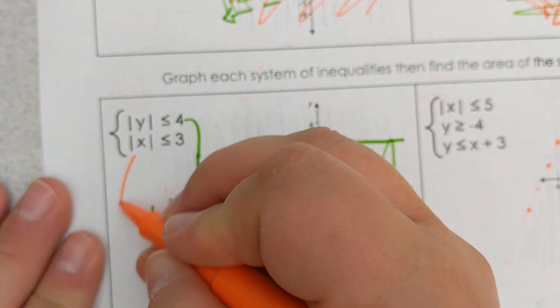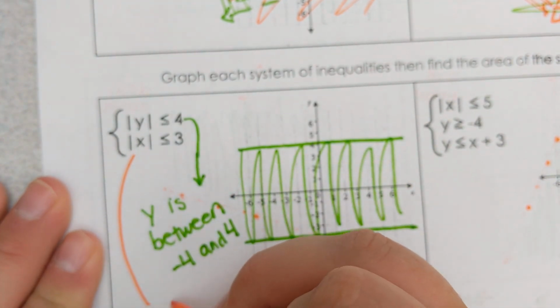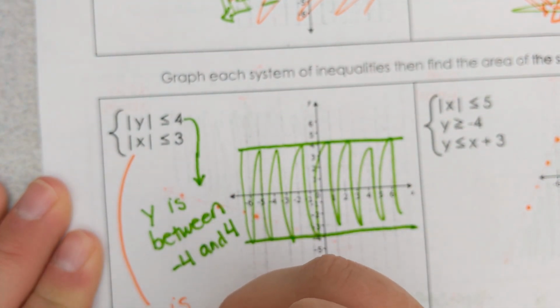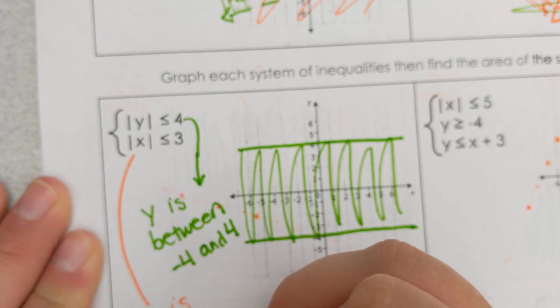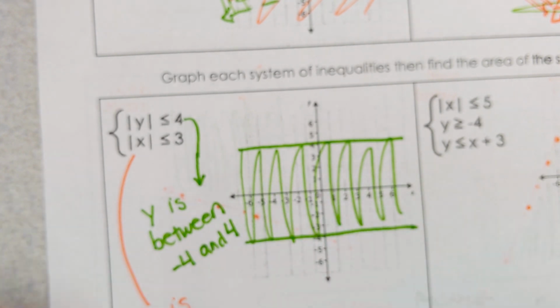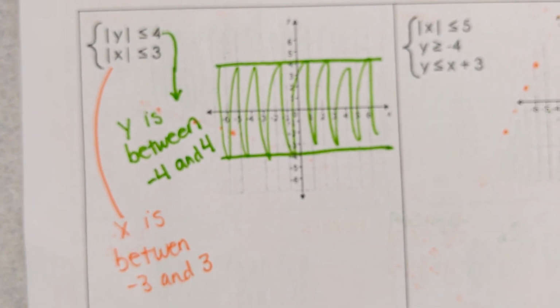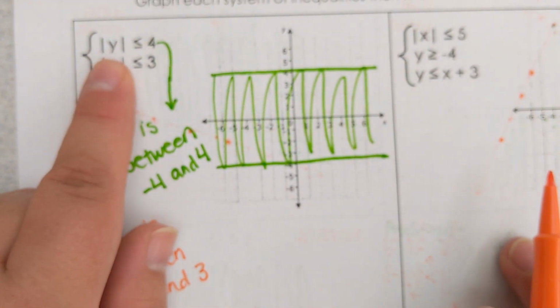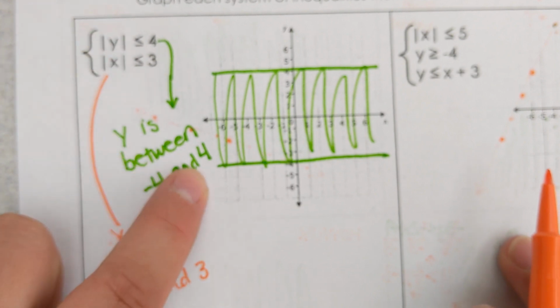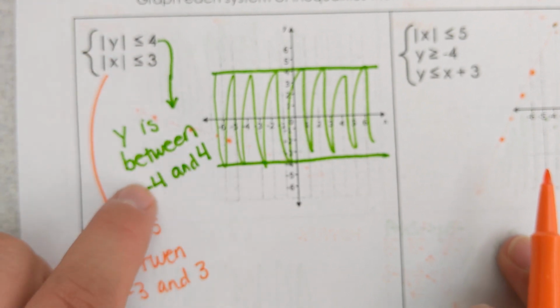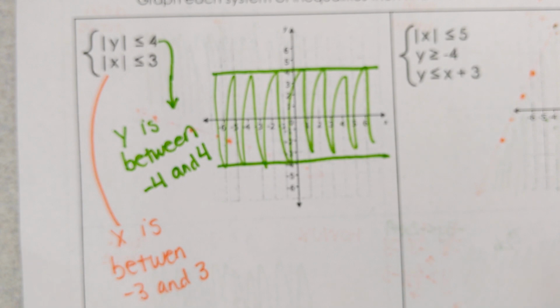Then this one is saying that x is between -3 and 3. Now, before I go any further, absolute value means that the absolute value of 4 is 4 and the absolute value of -4 is 4, because it turns anything that's negative into a positive.